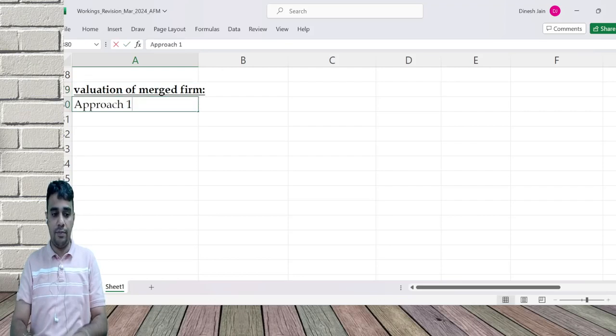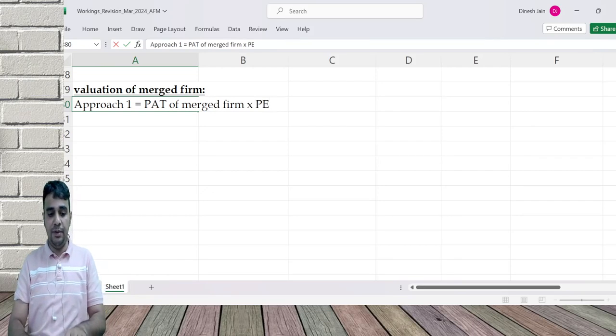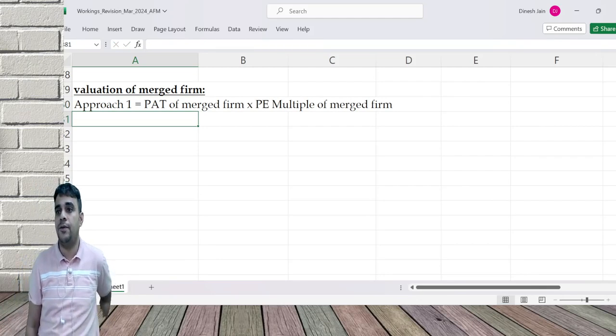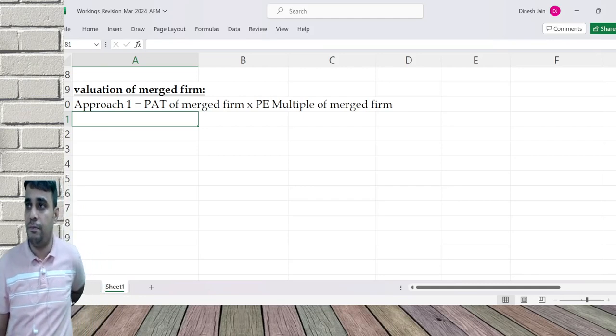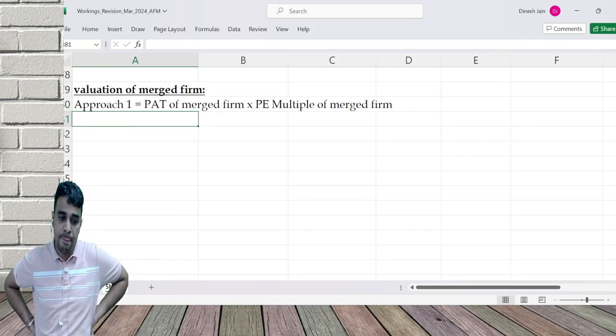Approach 1: PAT of merged firm into P multiple of merged firm. Usual approach, most of the questions, this is what we will do. PAT of merged firm into P multiple of merged firm.